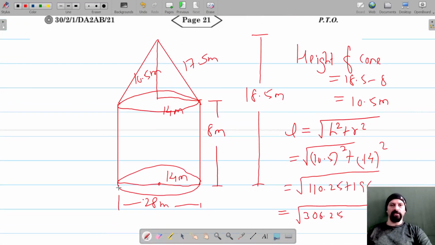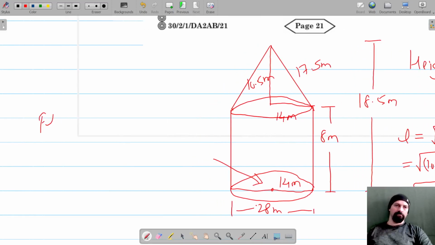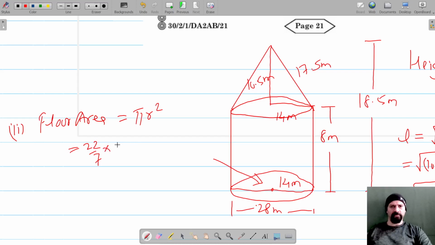So this is the floor area, which is circular. So this is pi r square, and pi is 22 by 7, radius is 14 into 14. So this is 14 into 44.